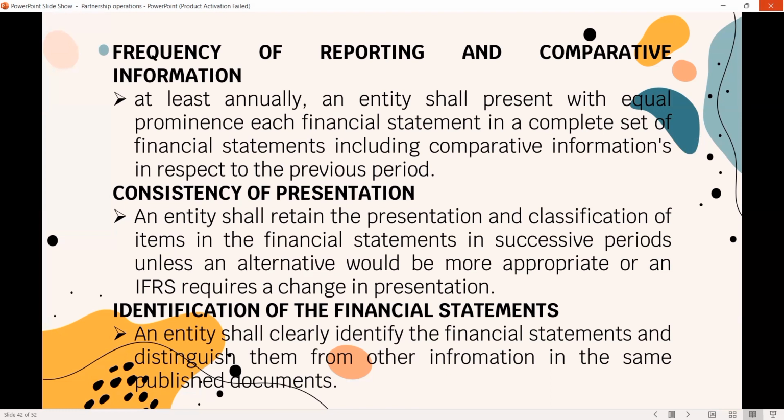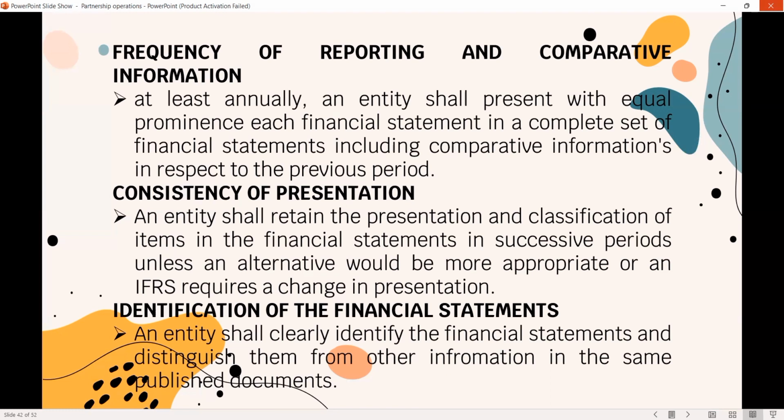Di ba, pag may mga makikita tayong FS na, for example, nakalagay dito sa kabila 2018 tas may 2019. So may comparative informations yung mga yun, to know kung yung asset ba ay nadagdagan, yung liabilities ba ay nabawasan, ganun.